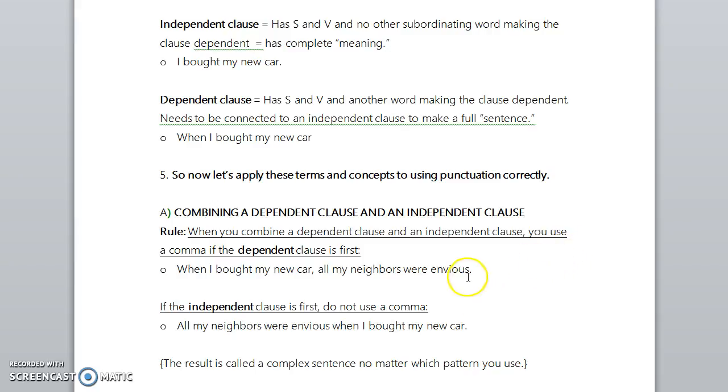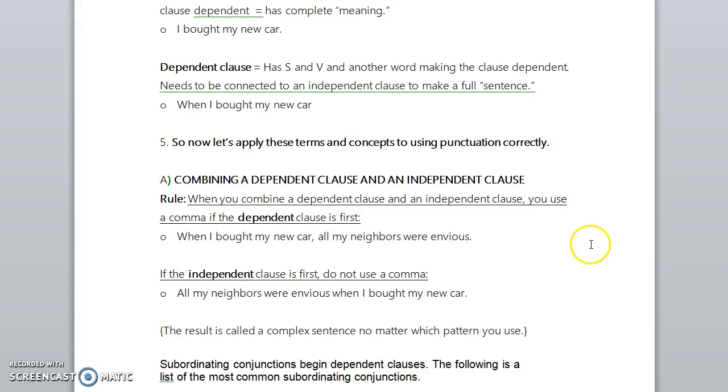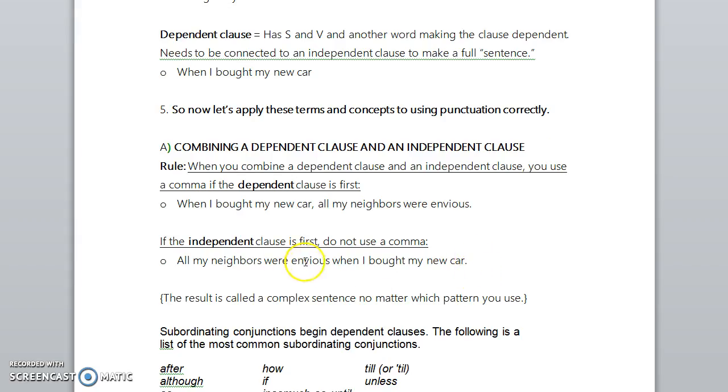A. Combining a dependent clause and an independent clause. The rule is when you combine a dependent clause and an independent clause, you use a comma if the dependent clause is first. When I bought my new car, comma, all my neighbors were envious. If the independent clause is first, do not use a comma.